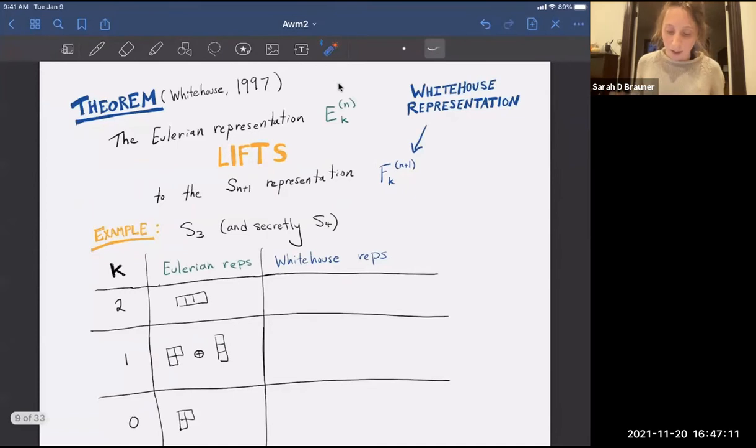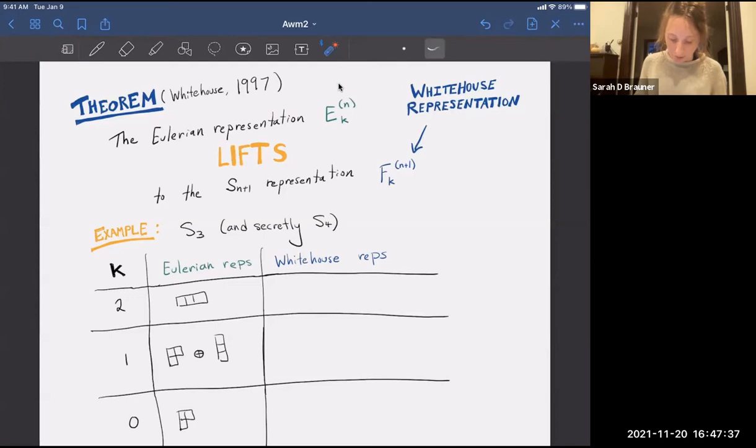And so I'm going to sort of skip over how this lift is defined, but I'm just going to tell you that this is a theorem of Sarah Whitehouse, who proved that every Eulerian representation can be lifted to Sn plus 1. And this is the representation that I'm going to write as this lift, and I'm going to call these the Whitehouse representations. So let's see what this sort of looks like in the case of S3.